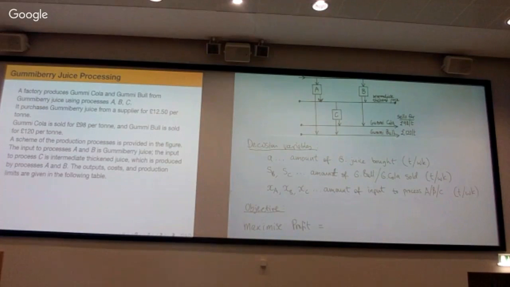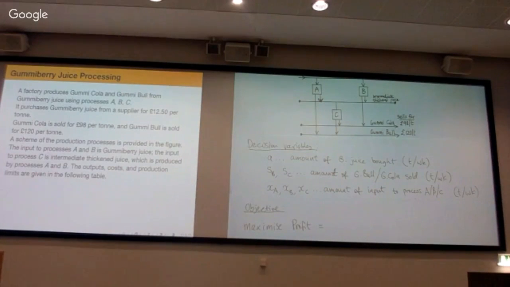Okay, profit is always, not always, because the previous example is a counter-example to what I was going to say. But in this case, profit is revenues minus cost. Your revenue is what you earn, and your cost is what you have to pay.